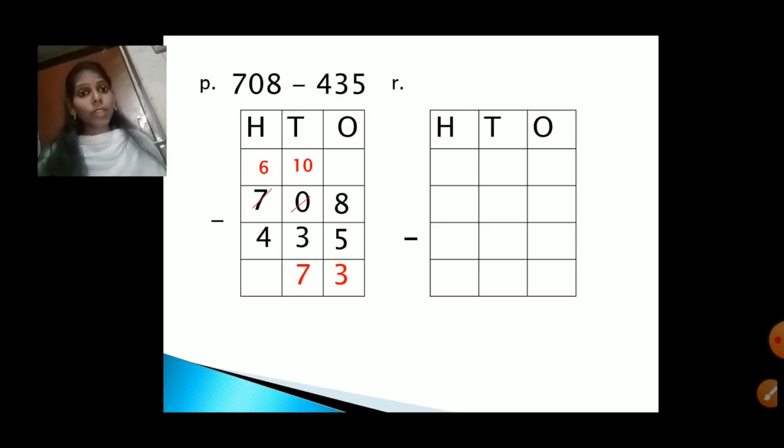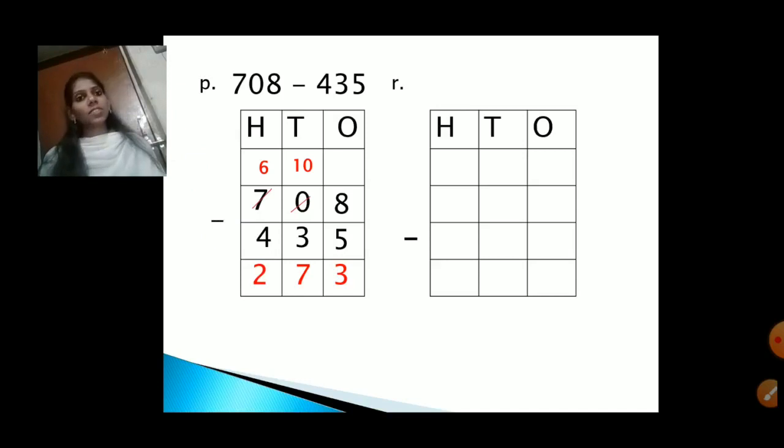Yes, we'll subtract 6 minus 4. So how many fingers you will show me? You will show me 6 fingers. And from 6 fingers, how many fingers you will take out? 4 fingers. So 6 minus 4 equals to 2. So 2 we will write under the 100 place.